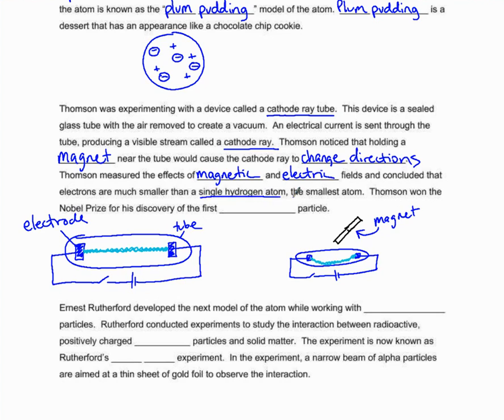So a single hydrogen atom, something that we'll talk about soon, maybe we could write it like this, has 1 proton, 0 neutrons. So basically, we're talking about a single proton. Electrons are much smaller than a single hydrogen atom. Electrons are much smaller than a single proton.